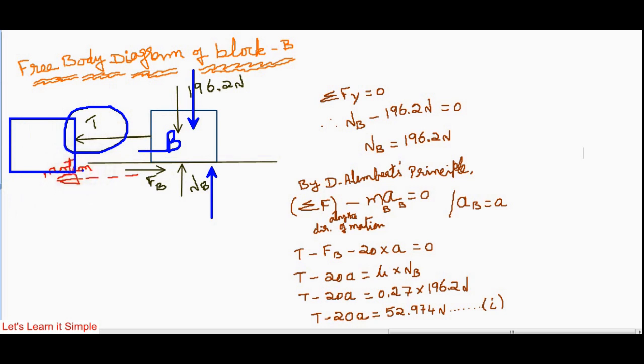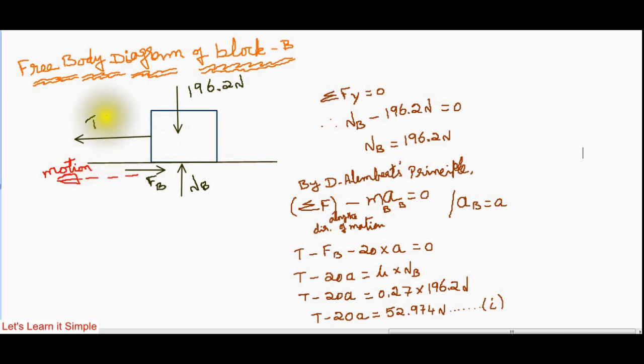Therefore, if you draw the free body diagram of B alone, you have a tension of the wire. This tension in the wire will be acting towards the left. Since the tension pulls the block, this is the direction of motion and we know the force of friction will oppose that. Therefore, FB is acting to the right. Tension on the left and FB is acting towards the right.